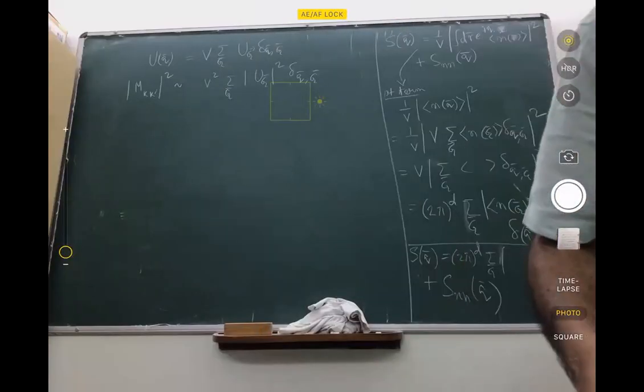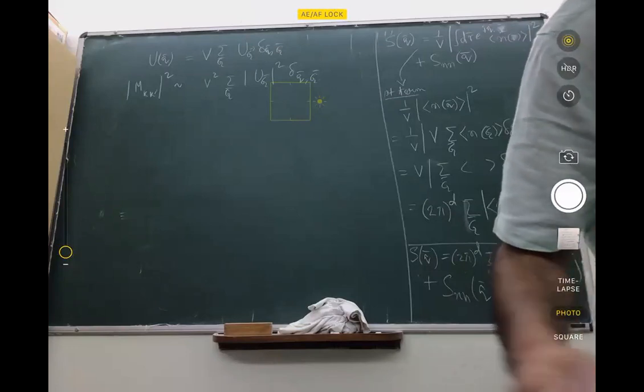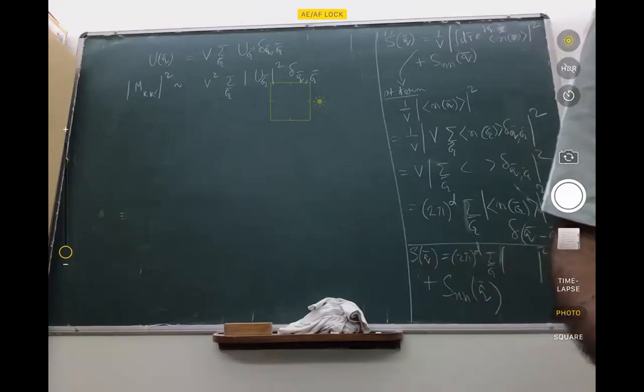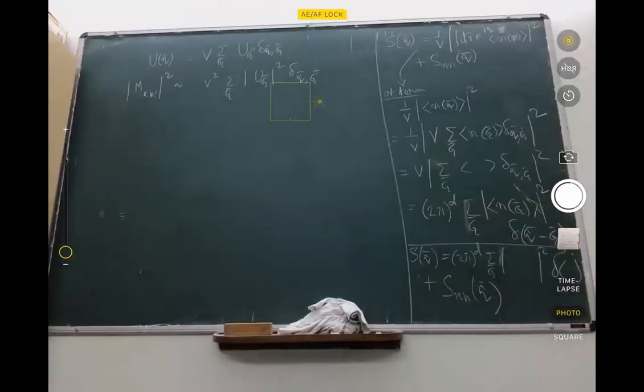Okay, so what do we expect in an ideal crystal? So let us try to understand. Suppose we have an ideal crystal. By ideal crystal, I mean the atoms are located perfectly at the lattice sites.